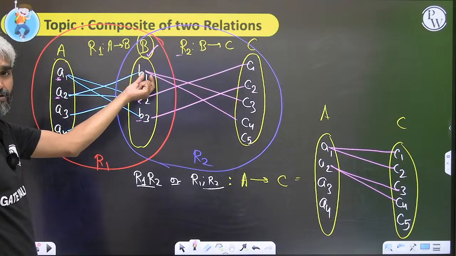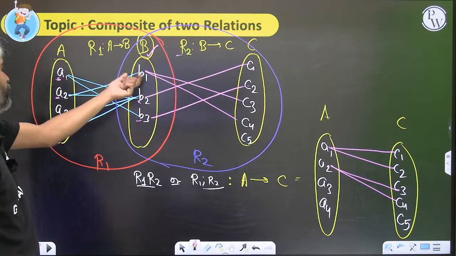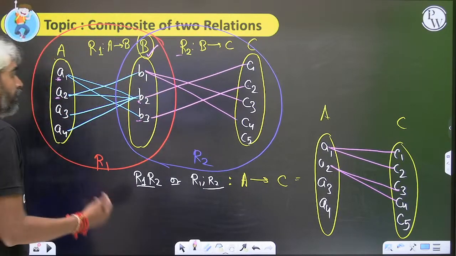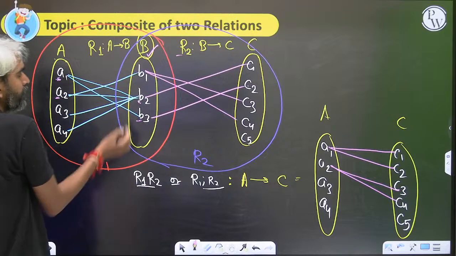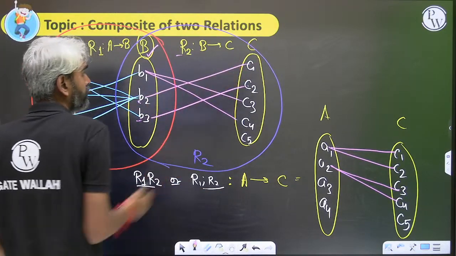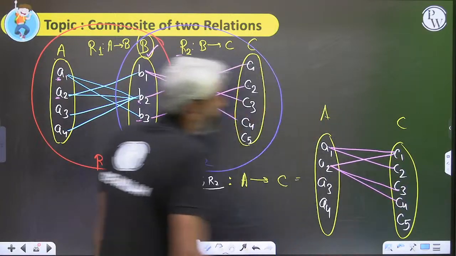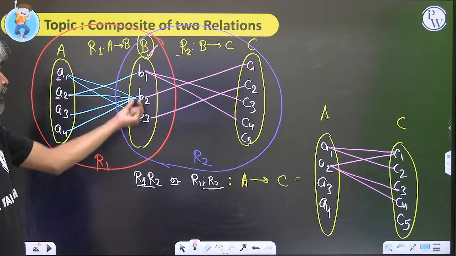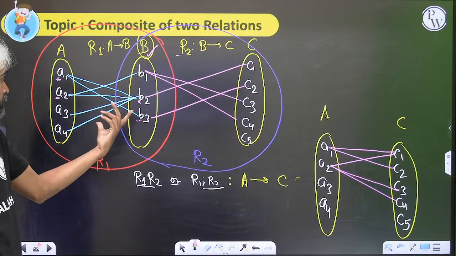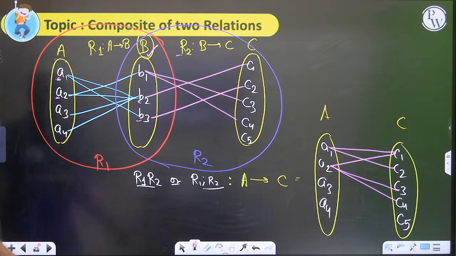So this bridge will take you to two different nodes of set C with respect to A2. Now, A2 also relates with B2 and B2 relates with C1. So A2 will relate with C1 also via this node B2. Clear? Okay.